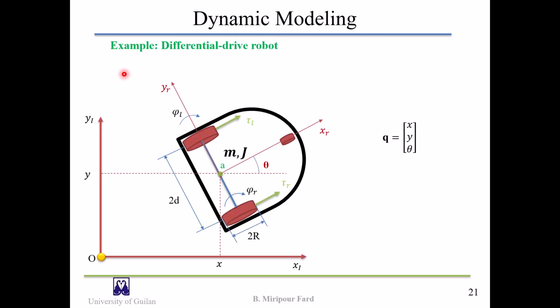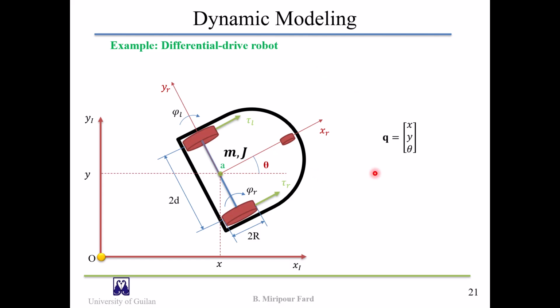Let's take an example. Consider a diff drive mobile robot. You can see its chassis and wheels on the slide. The front wheel is inactive, and the two back wheels are usually powered by electric motors. Let us assume that the vehicle mass center coincides with the point A. The mass of the vehicle without the wheels is m v, and the mass of the wheels is m w.